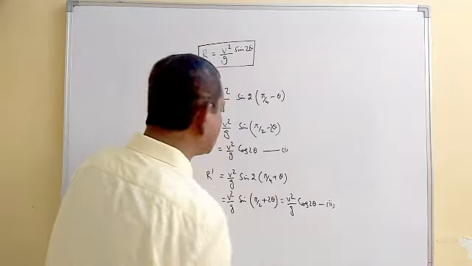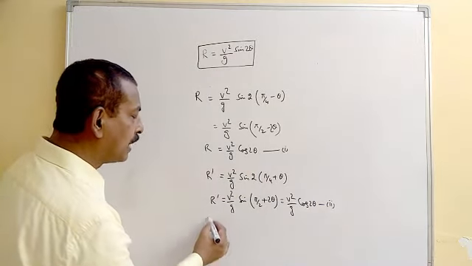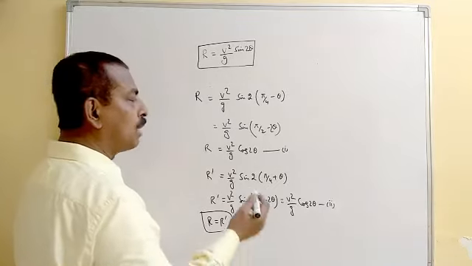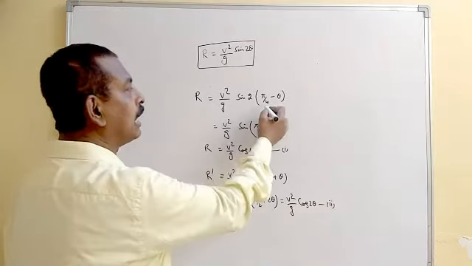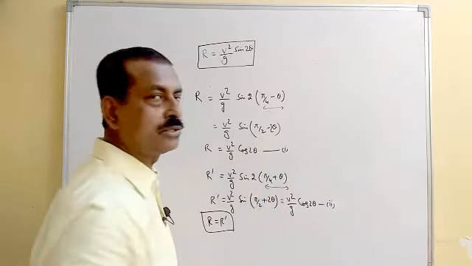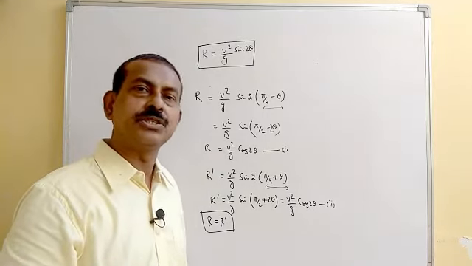This is your second. Now from the first and second, you see that R is equal to R dash. And what are the angles of projection there? In one case, you have the angle as 45 minus theta. In the other case, it is 45 plus theta. For the same velocity of projection, the horizontal range is the same.